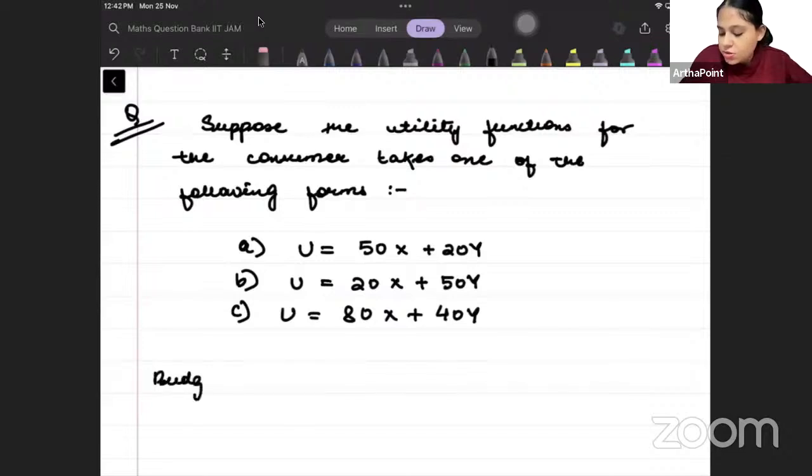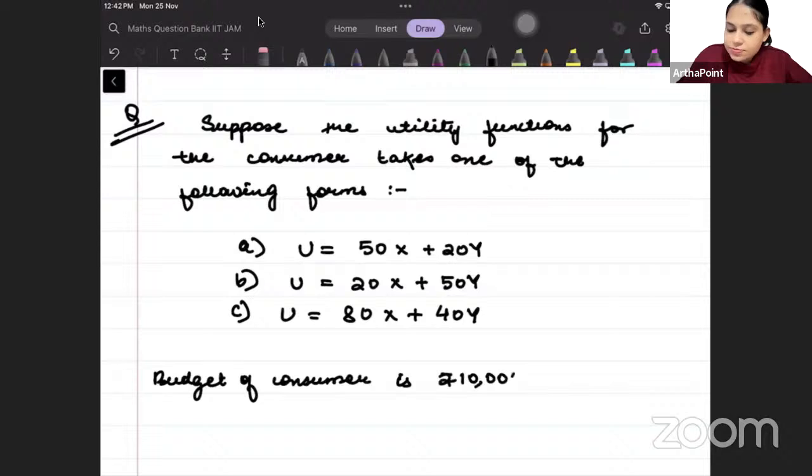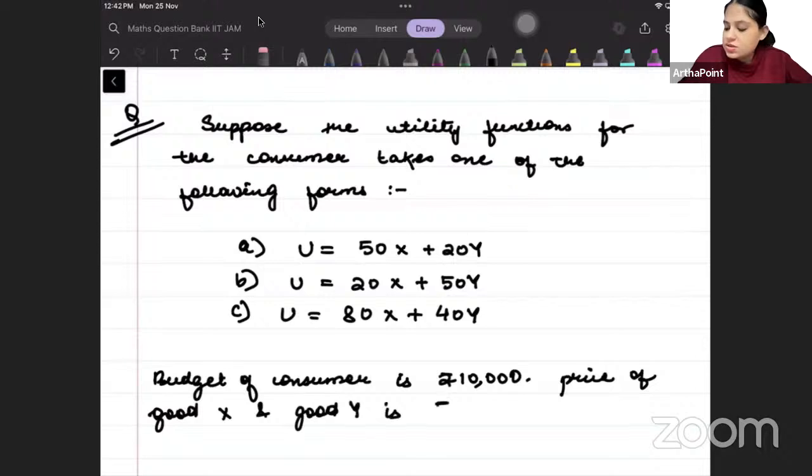Budget of consumer is 10,000. Price of good X and good Y is 50 and 20.